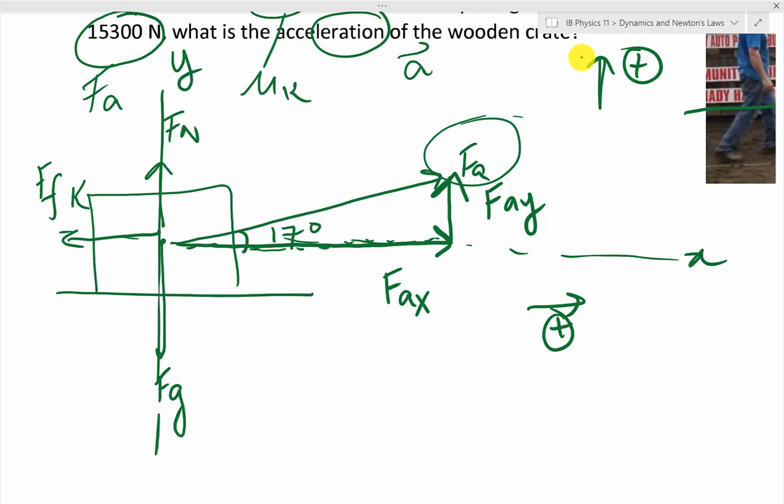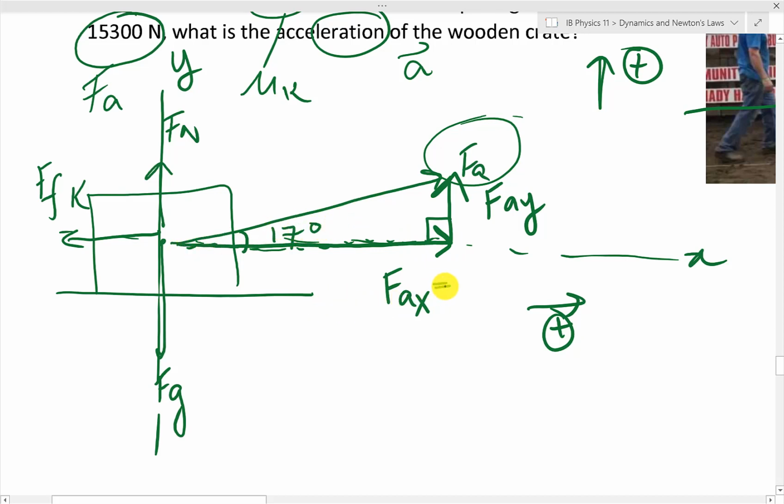I think it's going to help us if we write down what our Fax and Fay are based off of what Fa is in our right triangle. At this point, I expect you to know your trig very well, so you can write down this equation without needing to go through the many steps of trig. But quickly here, along the x direction, this is adjacent to the 17-degree angle.